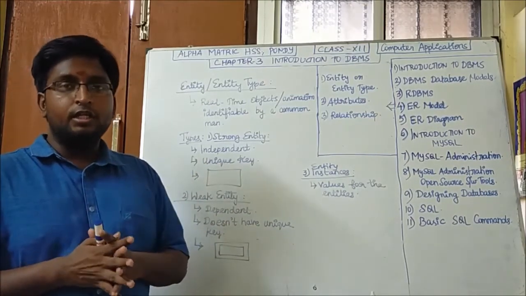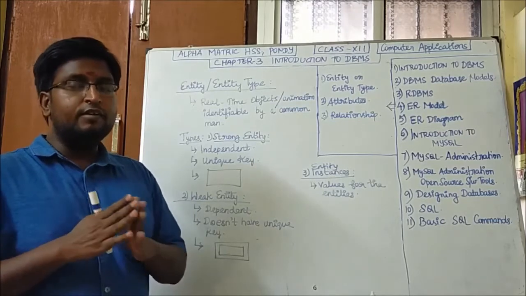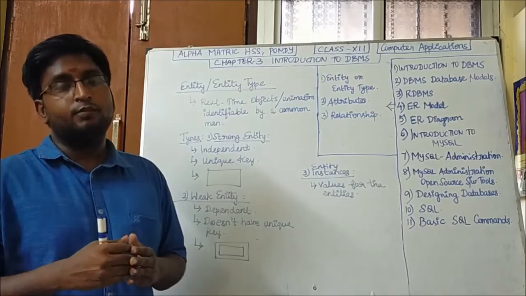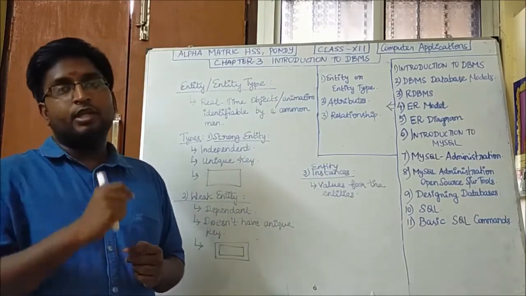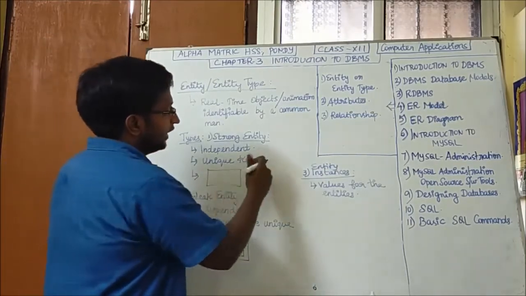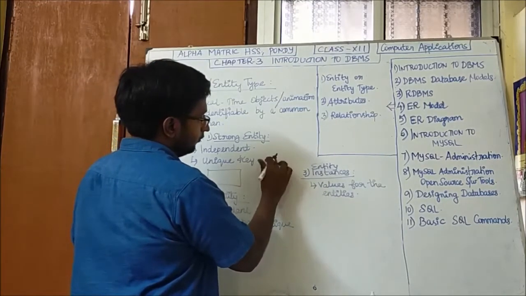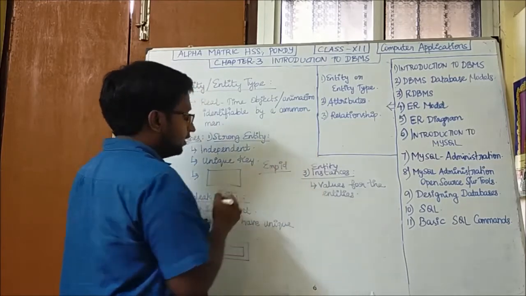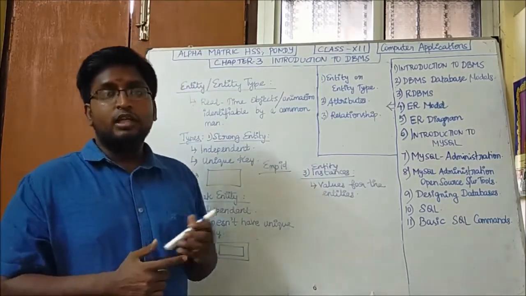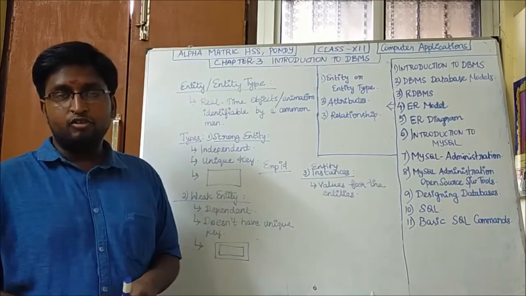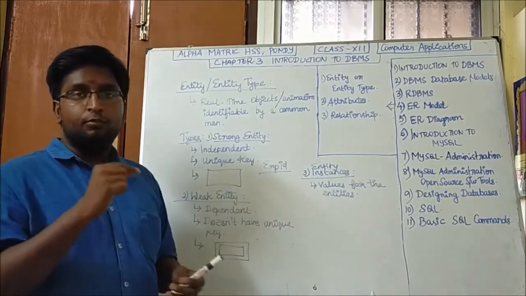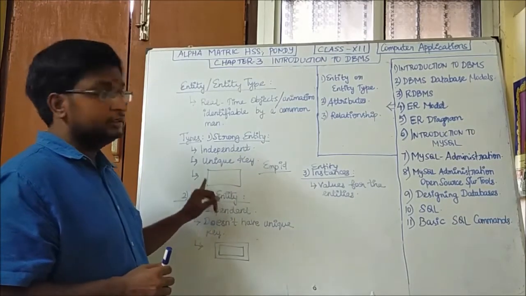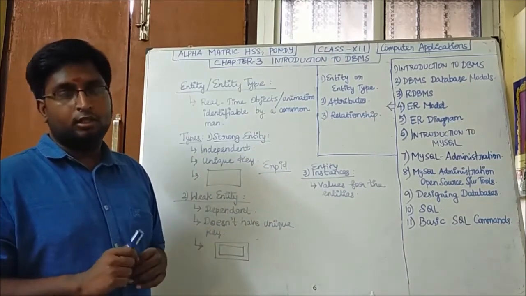It never depends on any other entity, and it has its own unique key, that is, its own primary key. For example, employee ID is a strong entity which never depends on any other entities and has its own primary key, a unique key. A strong entity is represented using a single rectangle.